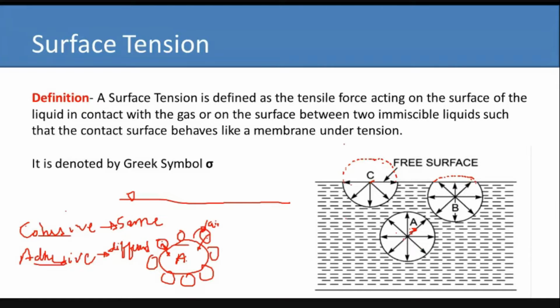Okay, so in case of molecule A, all the surrounding molecules are liquid molecules. Suppose this is molecule 1. This molecule 1 has cohesive force and it is pulling this molecule in the downward direction. The opposite side molecule, we will call molecule 2. This molecule 2 also has the same cohesive force and it is attracting this molecule in the upward direction. And as the molecules are of the same material, these two forces cancel each other.